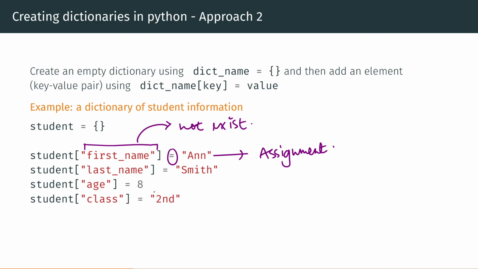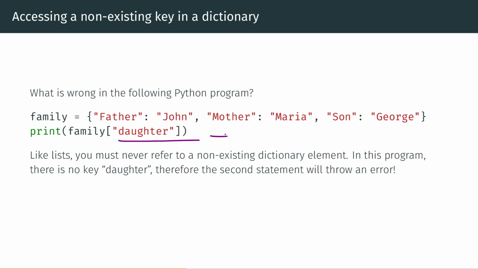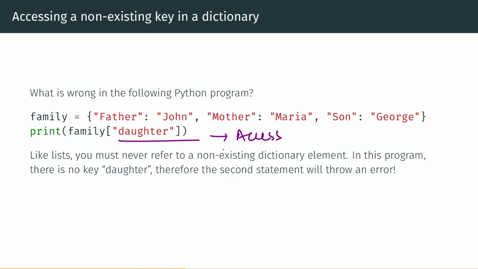So when you are assigning values to keys, the key may not exist. During assignment, it's not necessary for the key to exist, but in this case it's access, whereas this was assignment. In case of access, the key must exist, otherwise Python will throw an error, okay?